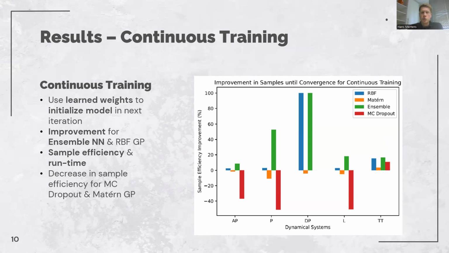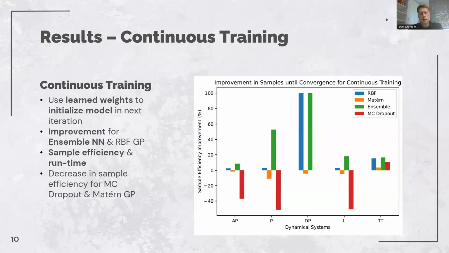And in doing so, we gained quite a big performance gain, especially for the ensemble neural networks, where we've seen 50% up to 100% improvement in sample efficiency, 100% meaning the model did not converge without this. And we definitely recommend using this technique for these kinds of models.